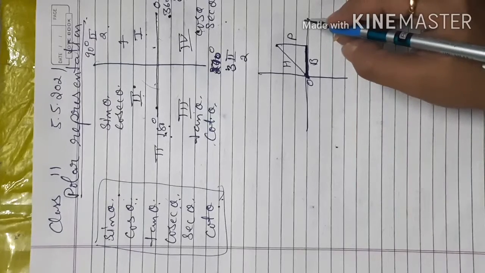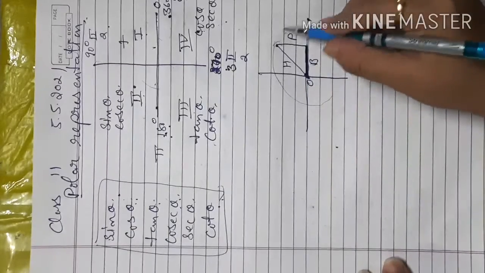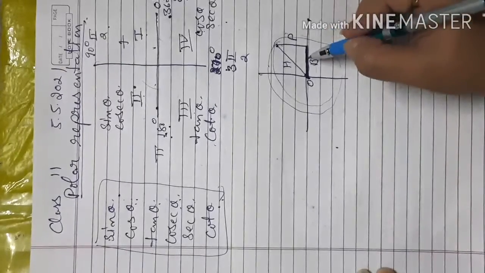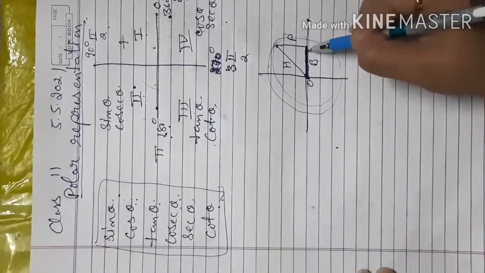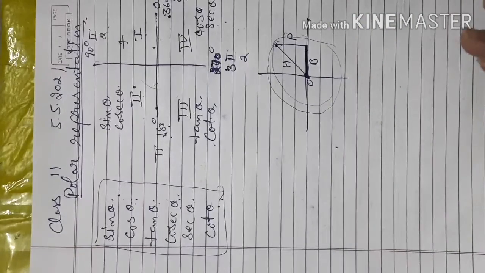Unit circle means any circle which has radius 1. If you draw the radius like this, in the unit circle we consider the radius as 1. I am not going to draw a proper diagram because I just want to make you understand in very little time.